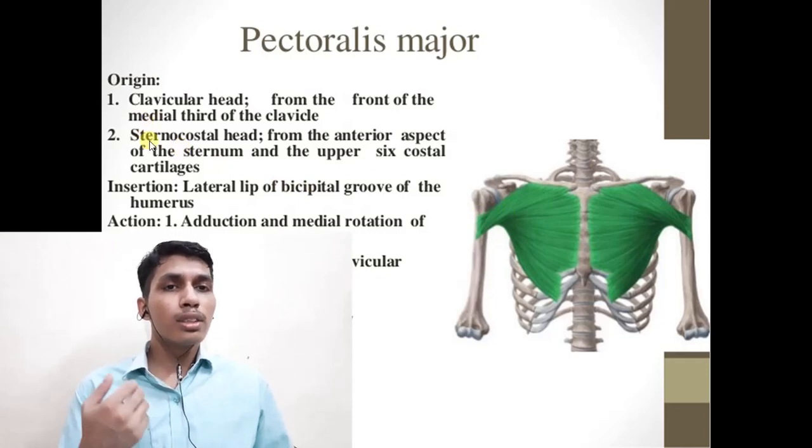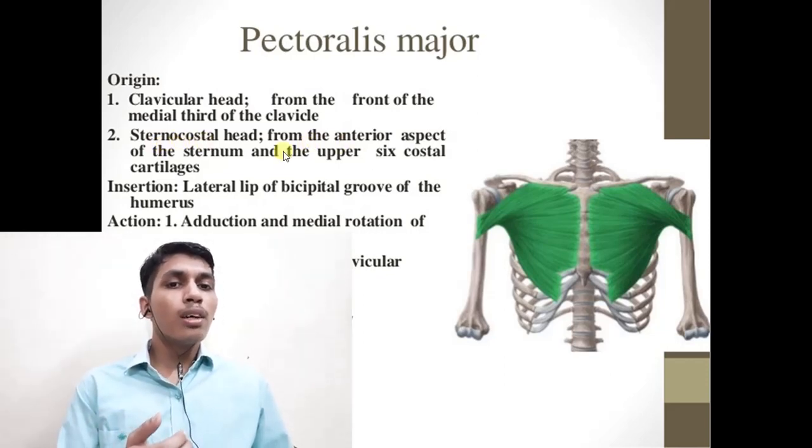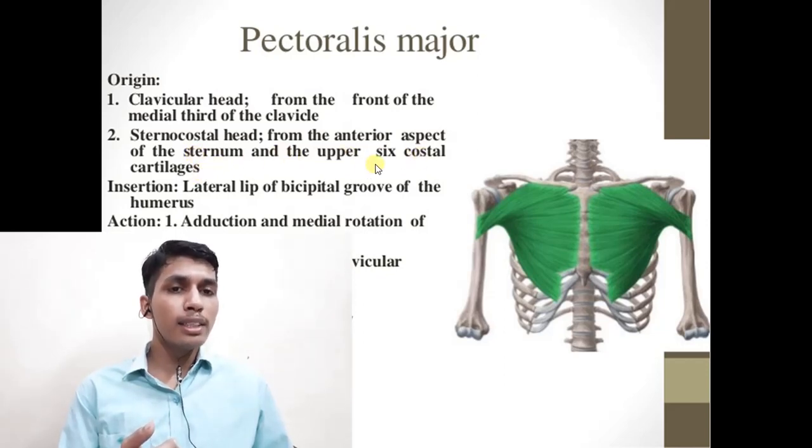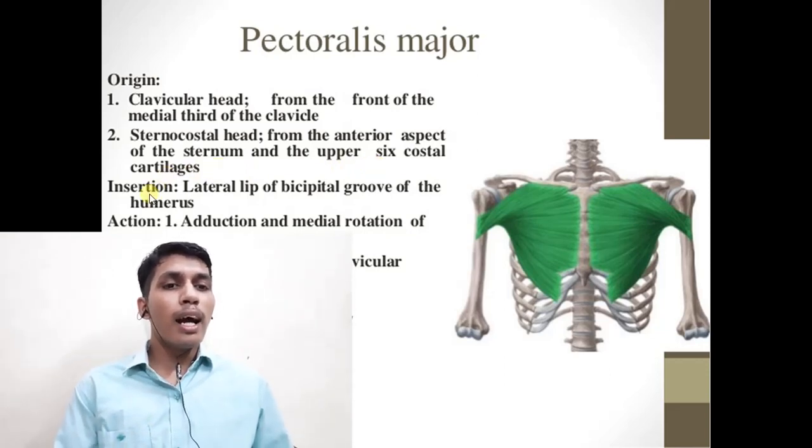Now coming to the sternocostal head, composed of the words sternum and costal cartilage. From the anterior aspect of the sternum and the upper 6 costal cartilages arise the fibers known as sternocostal fibers, and this muscle has an insertion to the lateral lip of the bicipital groove of the humerus.